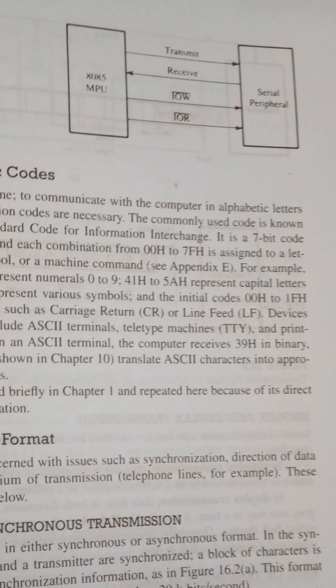That is known as memory mapped IO. Another one is the peripheral IO or IO mapped IO. In this, separate addresses are generated for the memory and separate addresses are generated for IO. So there is no need of a control signal to identify whether the signal is an IO address or a memory address.